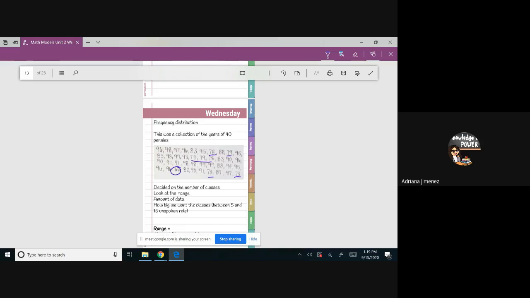Then I look and see I have 80s and I have 90s. My highest one is 99, so it doesn't go anywhere past that. So I can say 60 to 100. And then how many blocks, how many sections do I have? They said in the video that it's best to have 5 to 15, an unspoken rule. So all you do is you figure out what the range is and divide it.